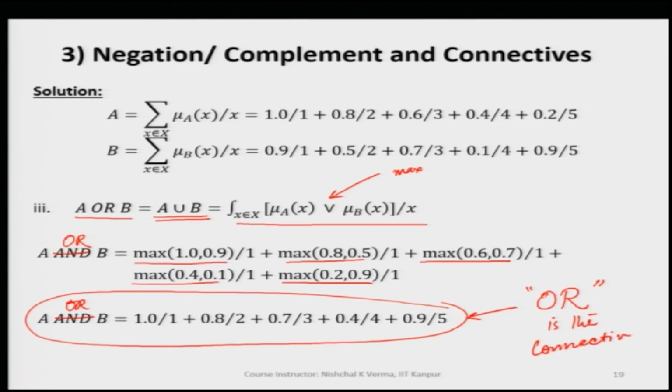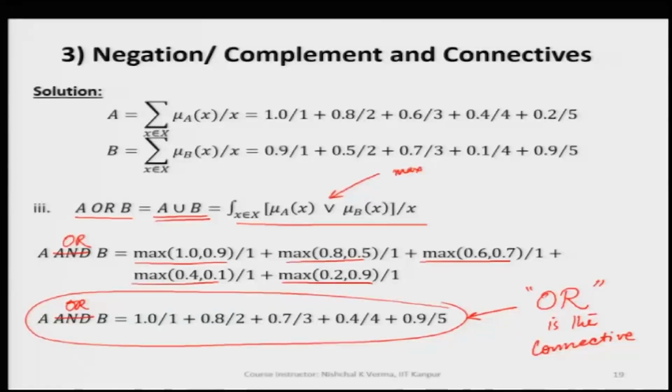So, this way we have been able to get new fuzzy sets, either by taking the negation of the primary fuzzy set, or by connecting two primary sets, or maybe even further we can connect two or more fuzzy sets by AND or OR or any other connectives, and we can get the expression for the fuzzy set.